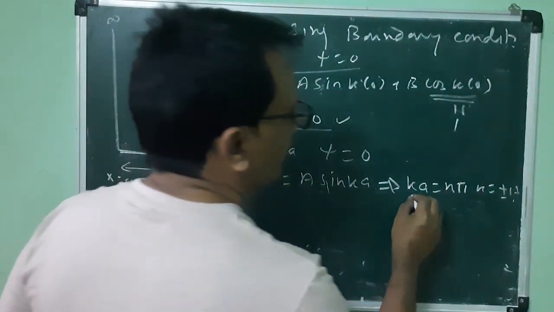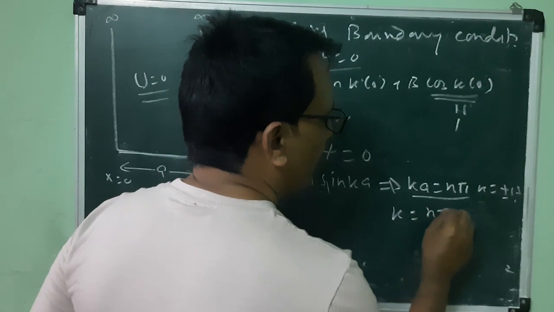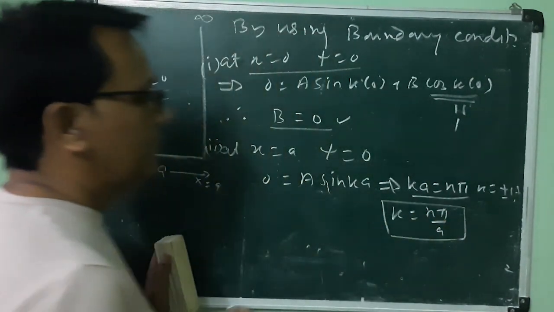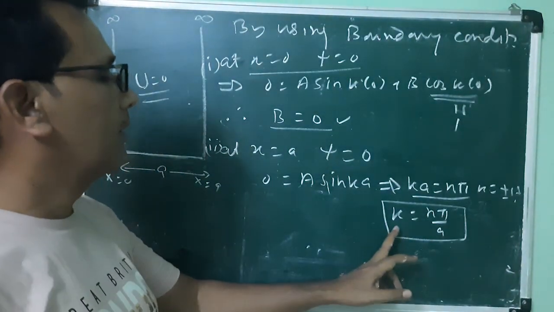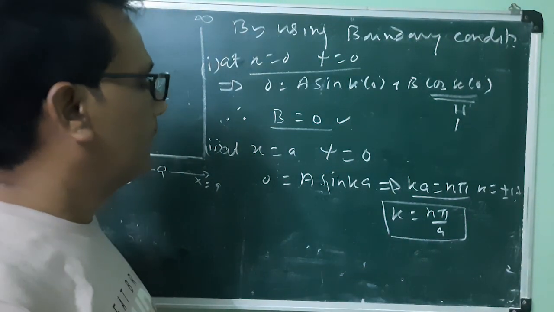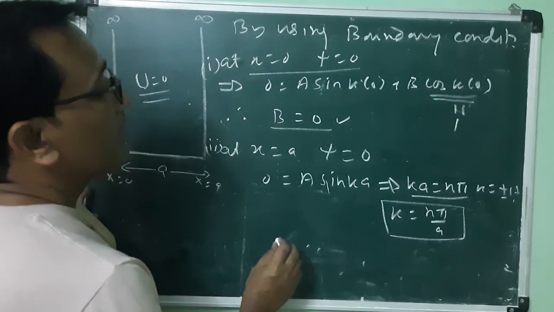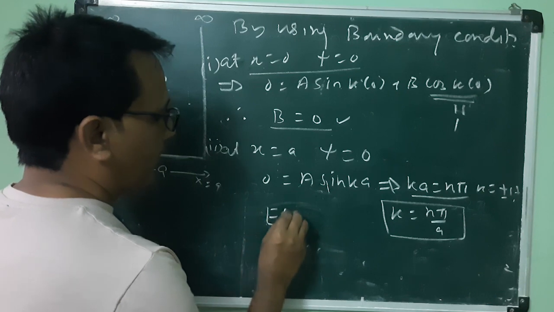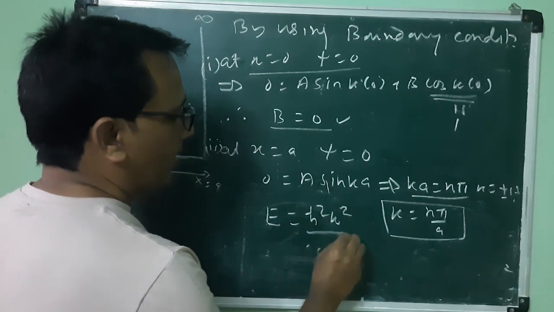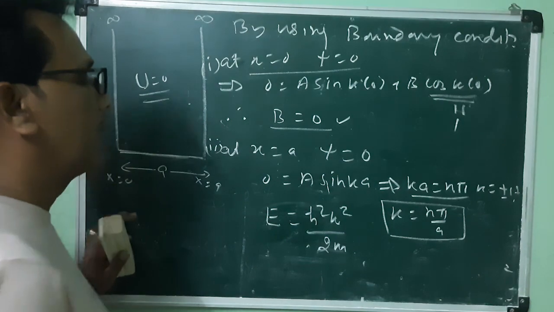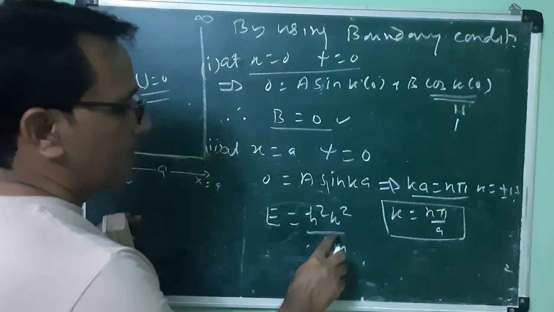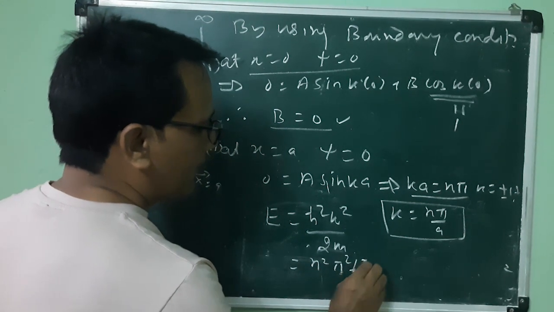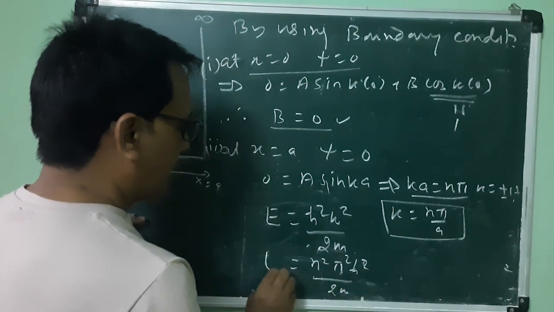So k equals n pi by A. This is the value of k, and we can convert this k into the form of energy. We have E equal to h cross k square by 2m, with this k substituted, so this is n square pi square h cross square by 2m. This is that energy.